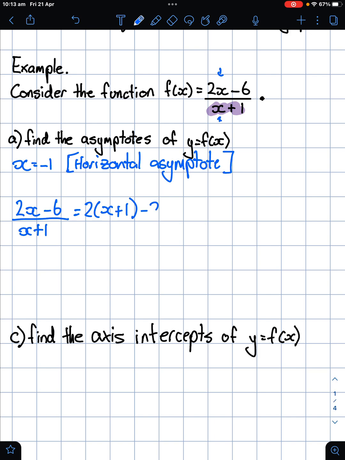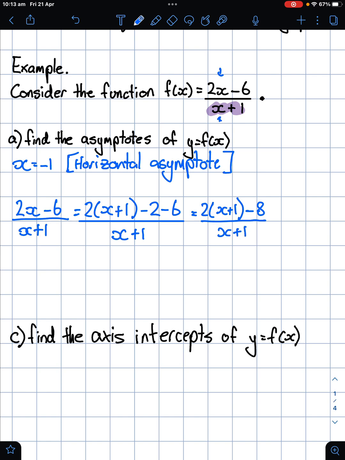To balance that, I have to put a -2, and then a -6, all over x plus 1. Now I've got 2 times x plus 1 minus 8 over x plus 1.